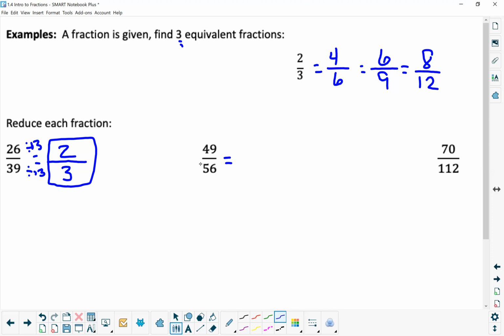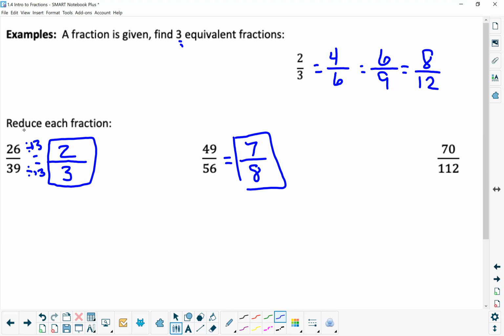So if you're looking at row 7, you then go to the top from 49 and see, well, 49 is 7 times 7. 56 is 8 times 7. So it reduces to 7/8. Using the table wouldn't have worked for 26 over 39 because it only goes up to 12s. And that's a 13. So unfortunately, there's not really a shorthand way to do that one.